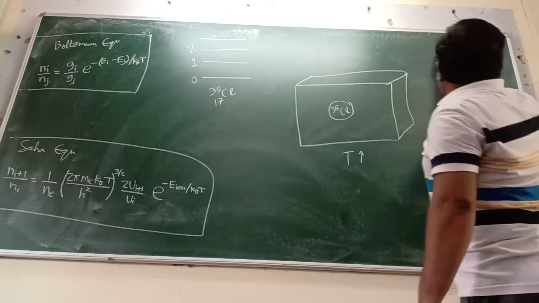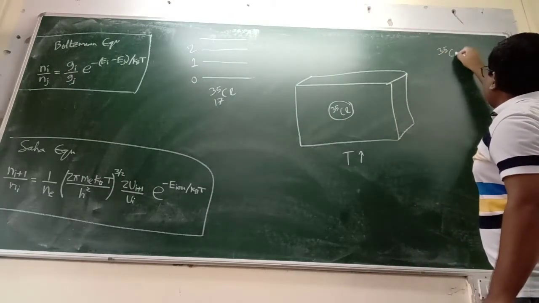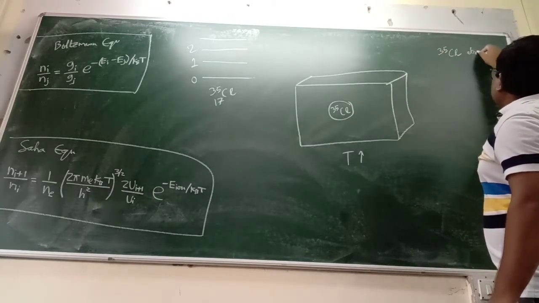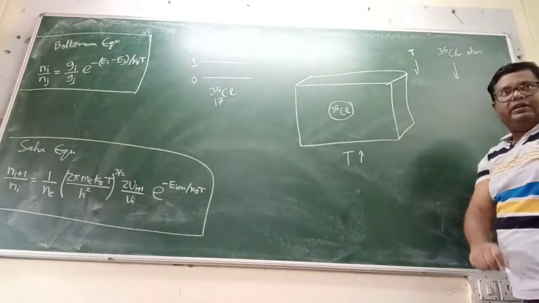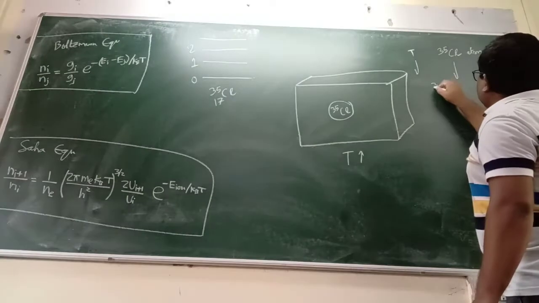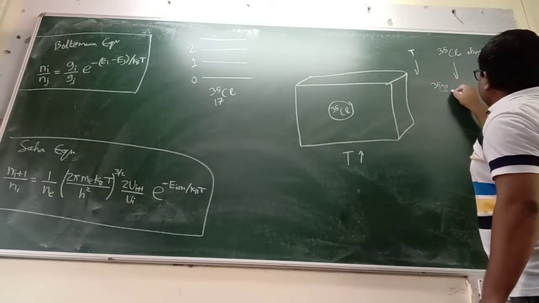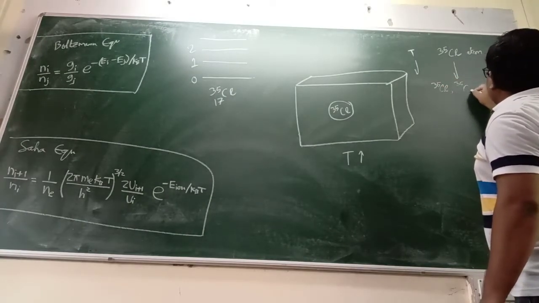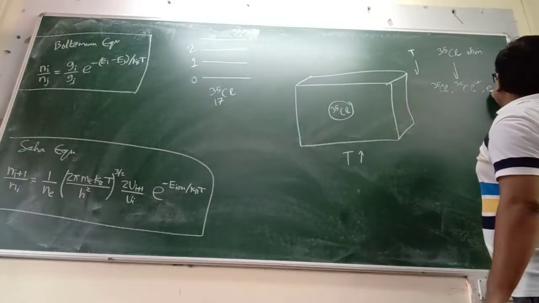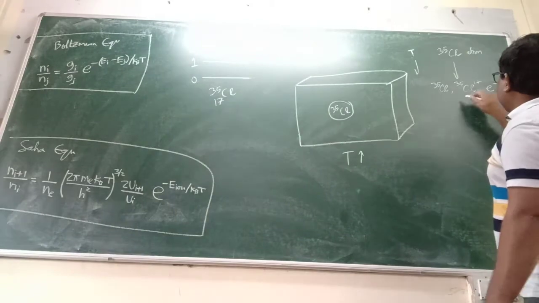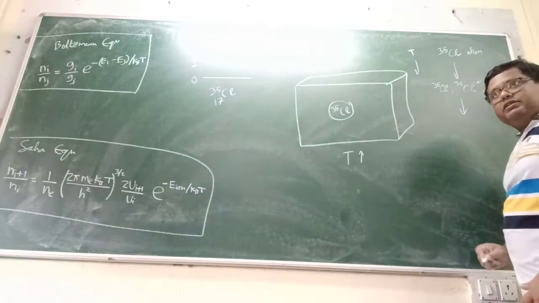What will happen is the following. First, you only have 35 chlorine atoms. Then on this axis the temperature keeps on increasing. So next what will happen? 35 chlorine will be there along with 35 chlorine 1 plus ions and an electron also. Right? Then again the temperature keeps on increasing.